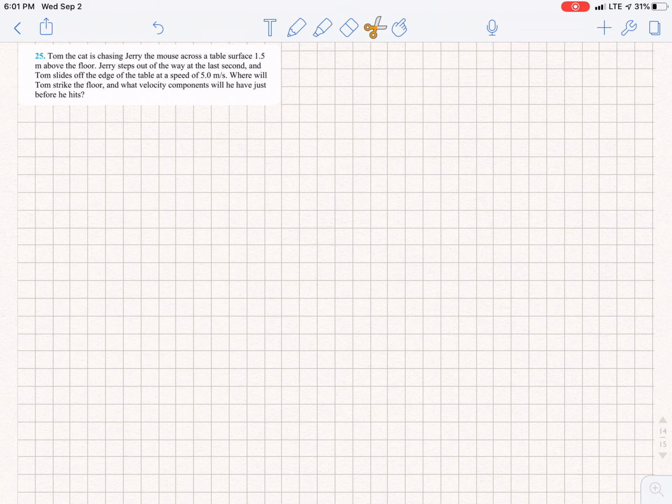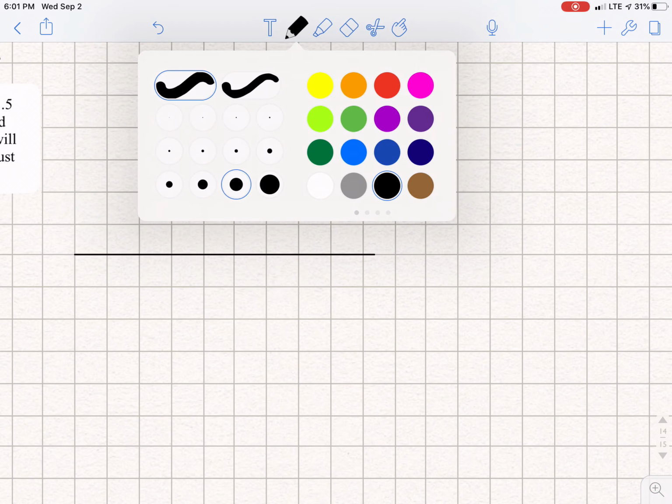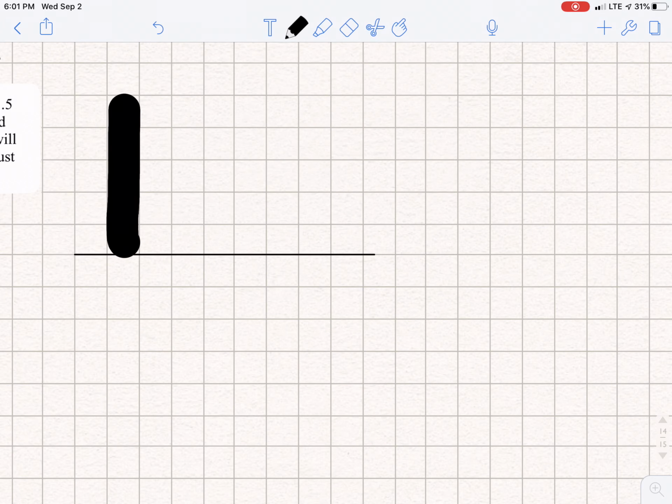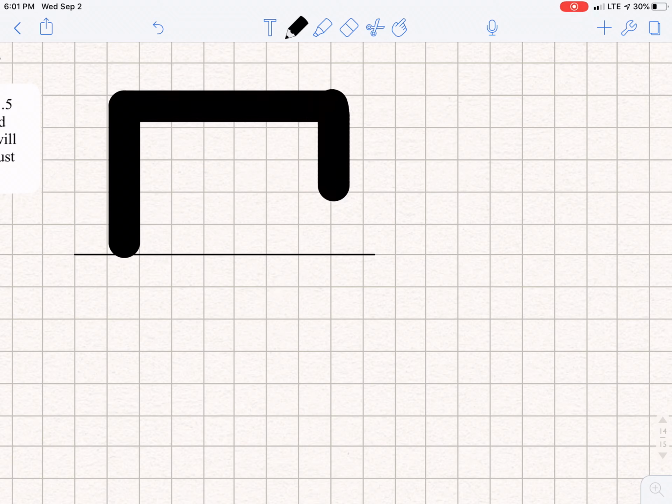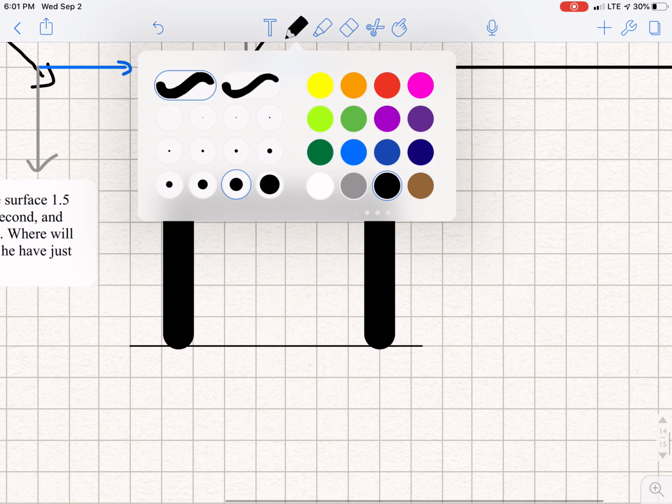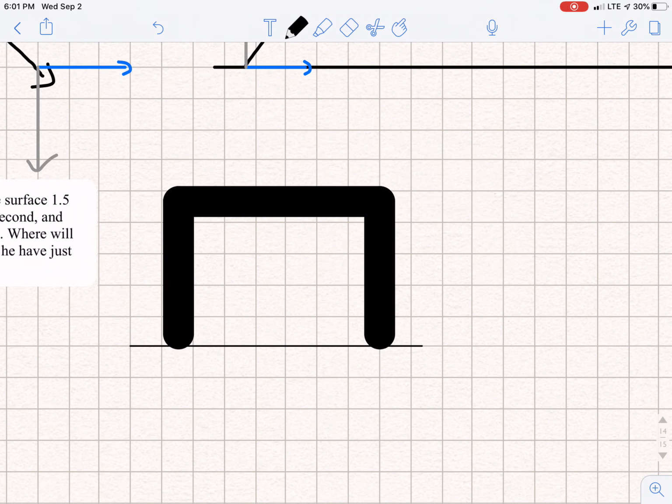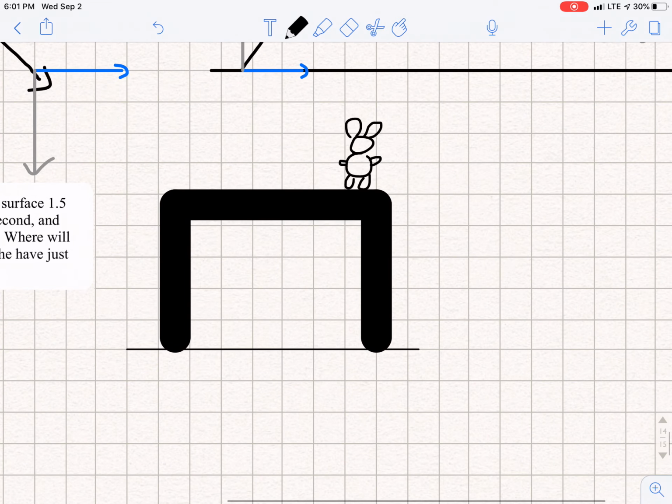So let's go ahead and draw a picture of this. Here's the floor. There's the tabletop. Okay, and I'm going to draw the mouse. Okay, and the cat.